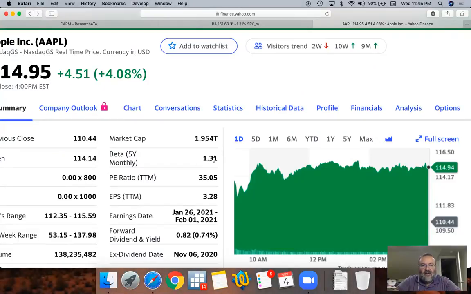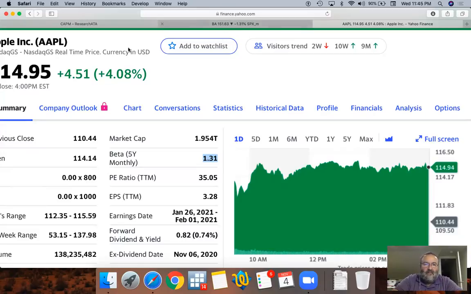So they move together, but Apple is moving a little bit more than the market. So with 1.31, we say it has a higher market risk than a market portfolio, or a company that has a beta of 1, a perfect correlation. So it is slightly more correlated with the market, and bears slightly higher market risk.